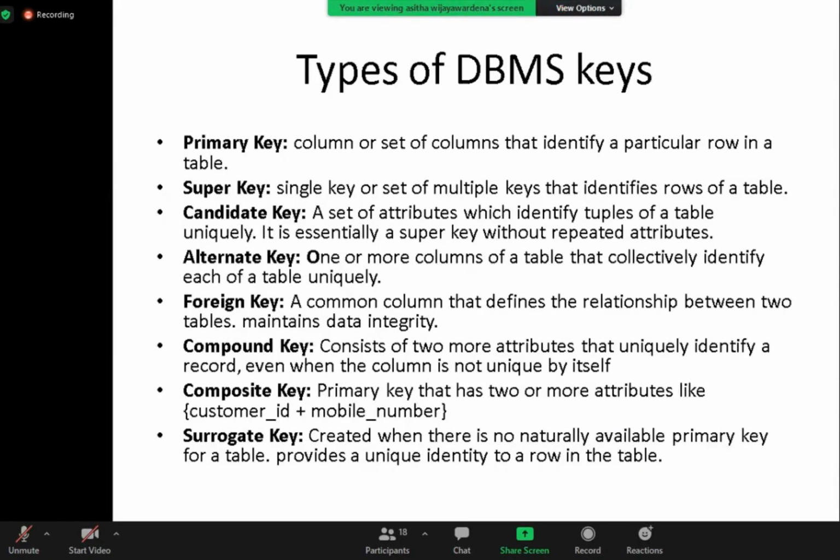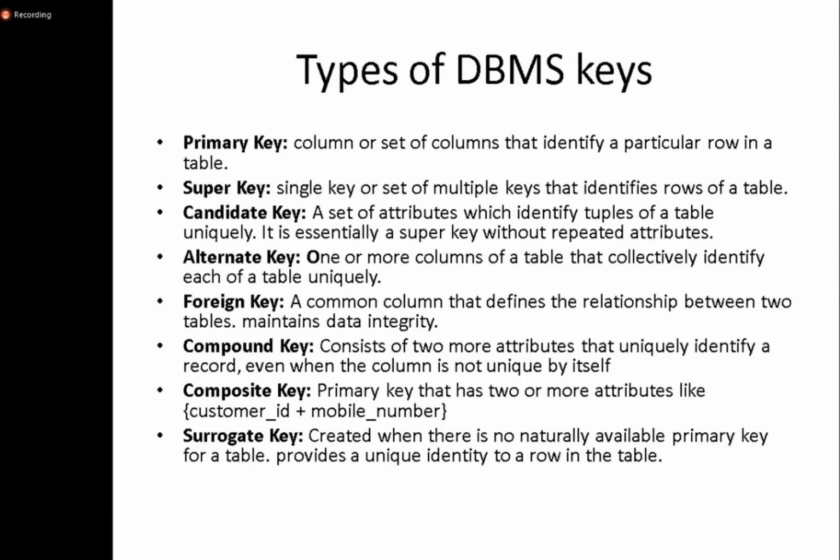Right. Then, as we have already discussed some of the key concepts, primary key and foreign key are well-known keys, and we have something called a super key, which can also be used to identify a row.